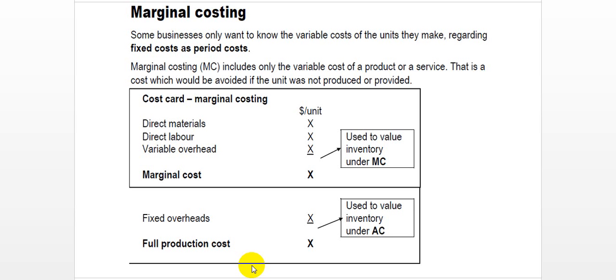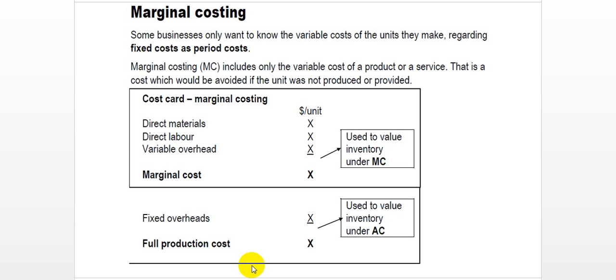Same as absorption costing, we'll collect the costs on a cost card, but in marginal costing, we'll get the total of the direct material cost plus the direct labor plus the variable overheads.